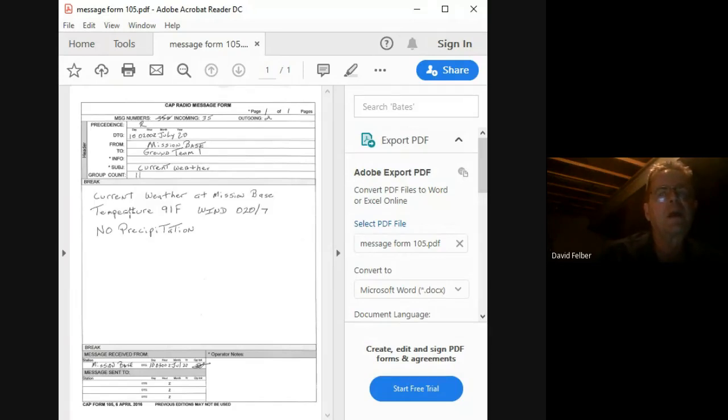Temperature figures 91 Foxtrot. Wind 020/7. No precipitation. Break. So there's 11 groups in there. How did I get 11 groups? 1, 2, 3, 4, 5, 6, 7, 8, 9, 10, 11. Any questions how I got a group count of 11?